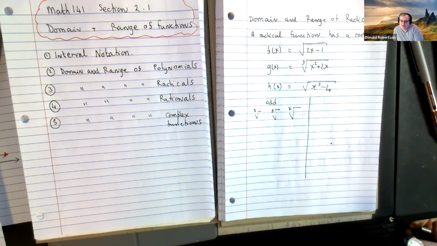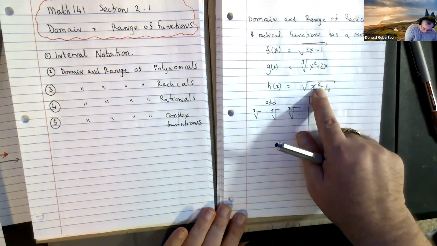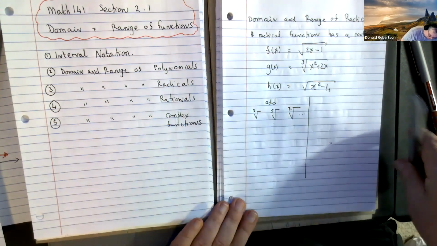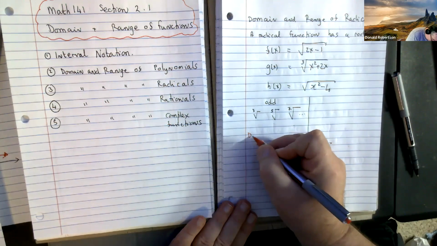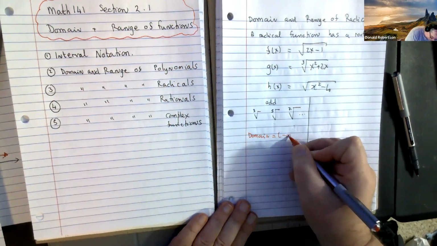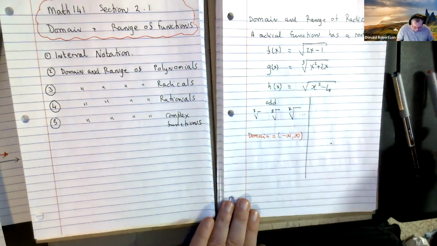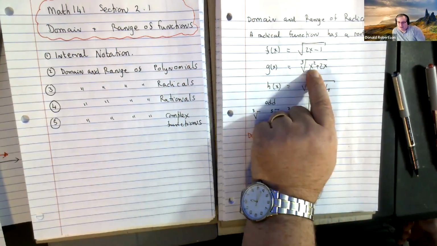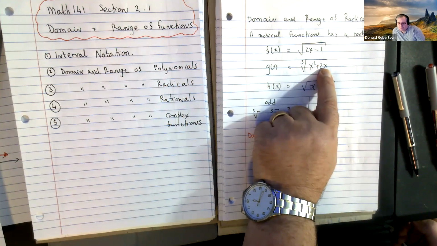And when you have those situations, as long as the thing inside is a polynomial, the domain will be all real numbers. Because I can plug any number I like in here and get x squared plus 2x.